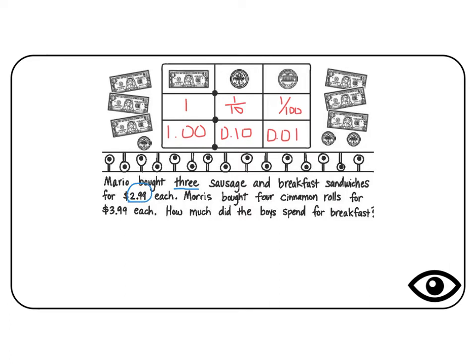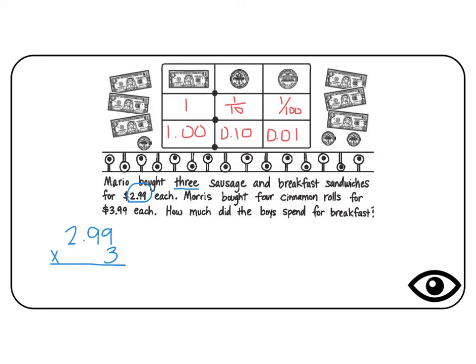So if we have the number $2.99, we can multiply it by the number 3. Remember that the number with the most digits goes on top, and then we're going to multiply like that decimal doesn't exist.